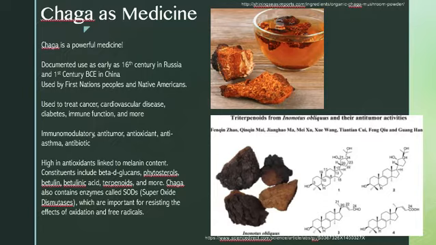In Europe, the first documented use is in the 16th century, and the first documented use in China is in the 1st century BCE, written in an herbal text by Shen Nong, who was a Chinese medicinal practitioner.